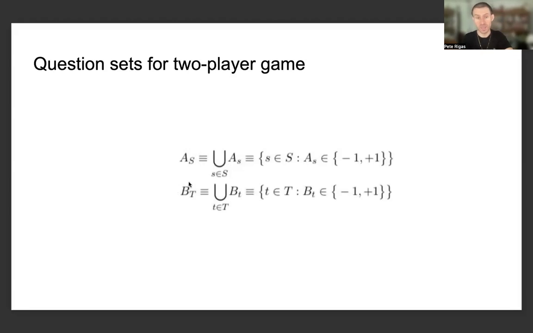of big S and B of big T respectively being identically equal to the union over little s in big S and also little t in big T, which is given by binary plus or minus one observables, namely the fact that A of S can belong to plus one or minus one, as well as B of T can belong to plus one or minus one, signifying that these responses that can be collected from the referee after distributing questions to the players Alice and Bob can either have a negative impact, minus one, on the referee scoring predicate, or a plus one, and hence a positive impact on the referee scoring predicate.